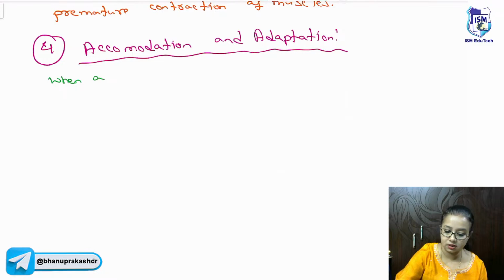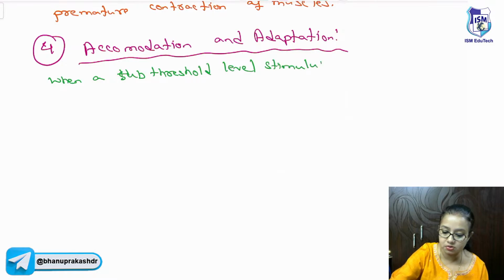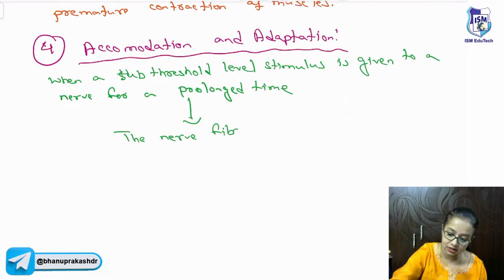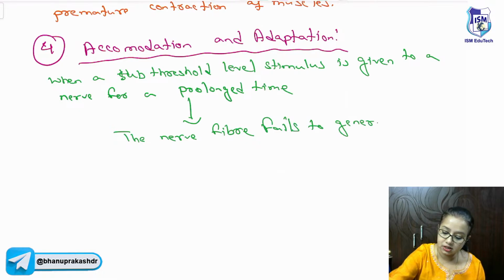When a sub-threshold level stimulus is given to a nerve for a prolonged time, then the nerve fiber fails to generate an action potential.